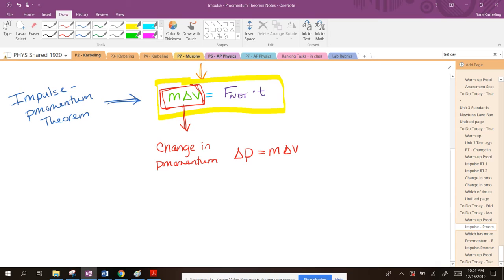So now we're going to use our great Monday morning minds to do some logical reasoning here. If delta P equals m delta V, what do you think that P equals? If the change in momentum equals the mass times the change in velocity, what do you think that momentum equals?